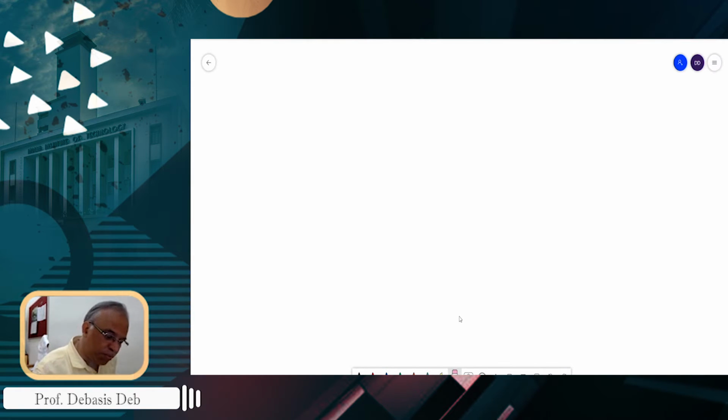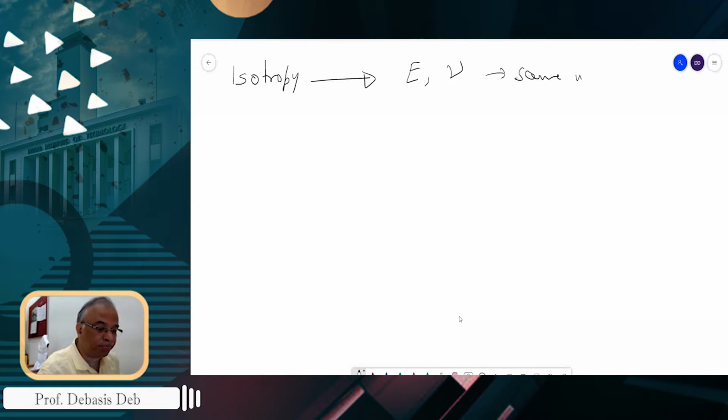Now, if you remember, one time I told you there is some anisotropy. One is isotropy, and so far we have discussed isotropic behavior, where we have said the modulus of elasticity and Poisson's ratio are the same in all directions.